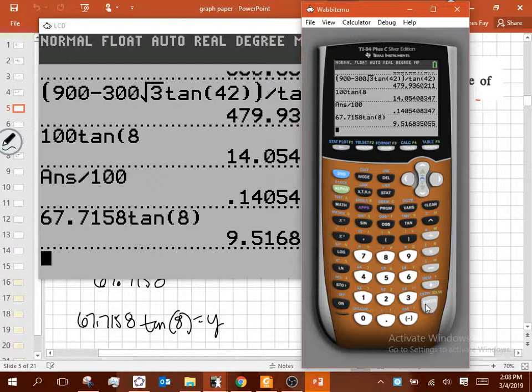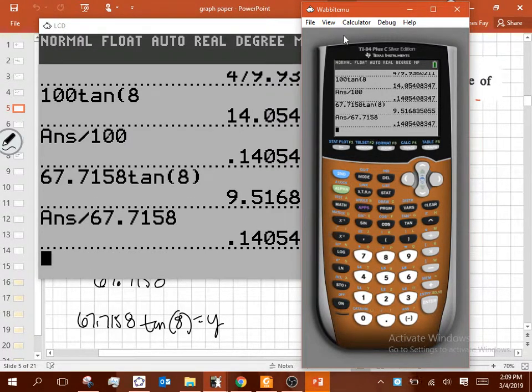Does that make sense? Well, rise over run, this is your rise. That number is your rise, so I'm going to divide that by the 67.7158 number, and what do I get?